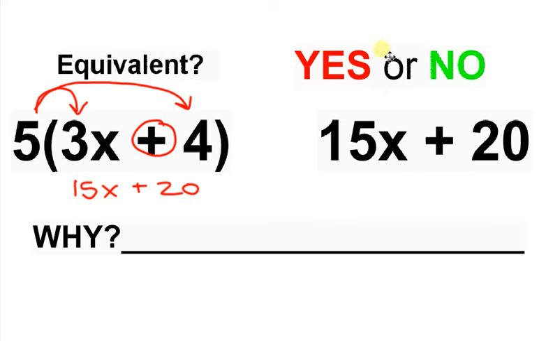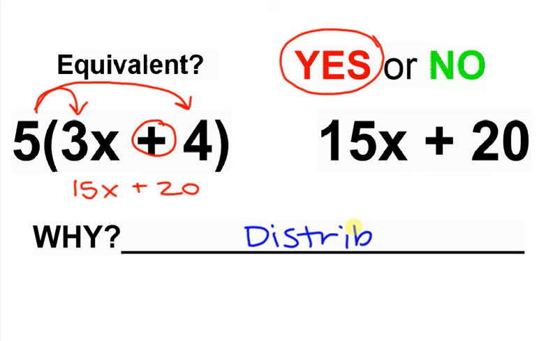Are they equivalent? Yes, they are. Now here's the question, why? Which property tells you that those are equivalent? Well, what did we just do to simplify this? We used the distributive property. So they are equivalent because of the distributive property.